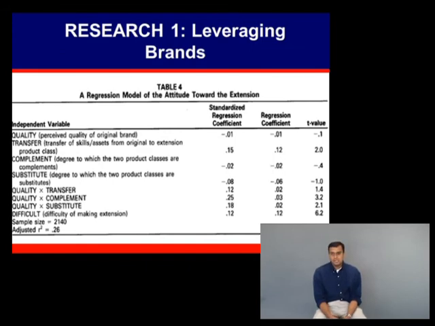But what's probably less intuitive is that if it's a complementary product, it's extremely good, but it's only good if you have high quality to start with. If it's a substitute product, it's important, but only if you have high quality to start with. It means Heineken is much more likely to gain from a complementary or substitute product as compared to McDonald's.